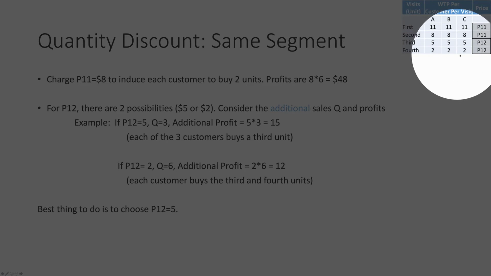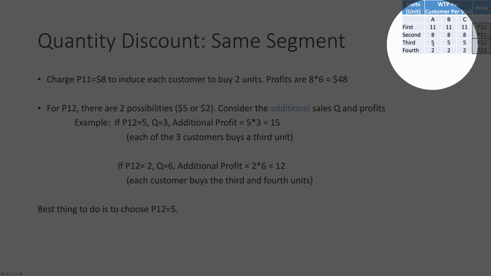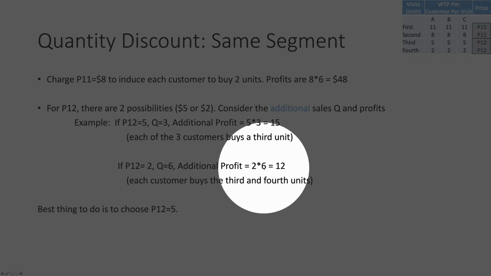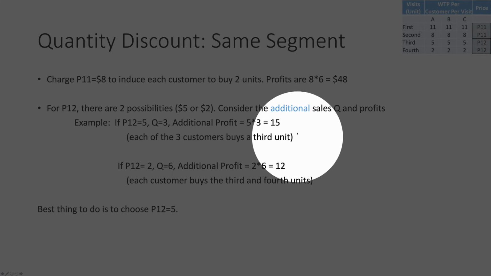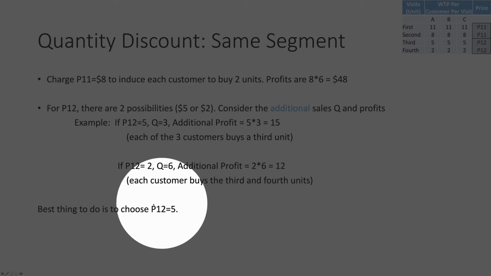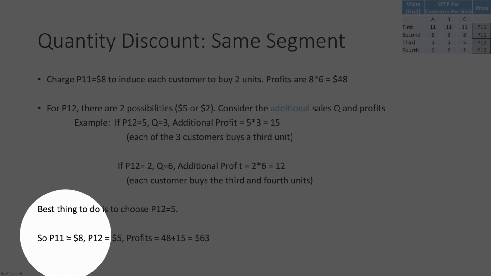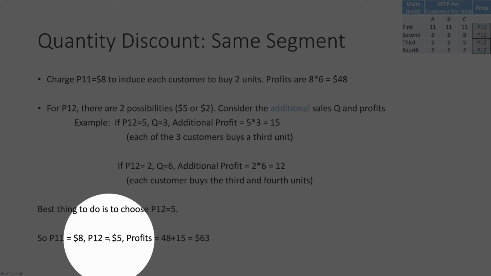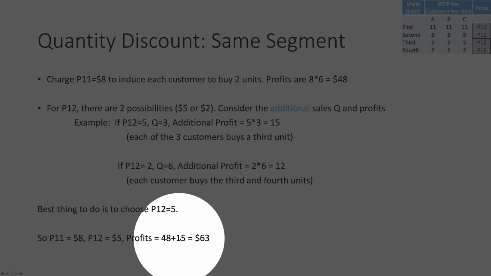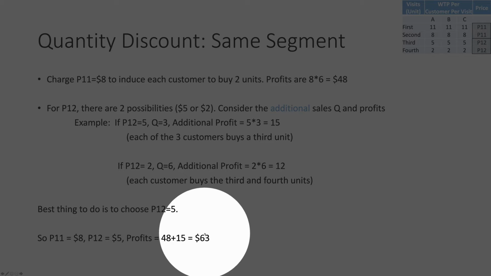All 3 customers would buy the third and fourth ticket, and now you have 2 times the demand of 6 equals 12. Comparing these two, 15 is larger than 12. So the best thing to do is to choose P12 equals 5. To summarize, we charge $8 for the first 2 visits and $5 for the third and fourth visits. And the total profit is 48 plus 15 equals $63.